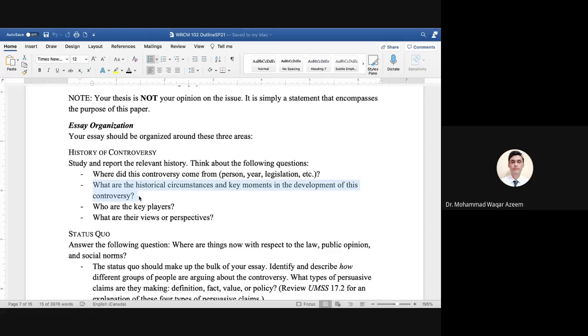That Aurat March is considered to be a phenomenon which is highly controversial. Okay. So, what are the historical circumstances which produced the controversy related to that particular issue?